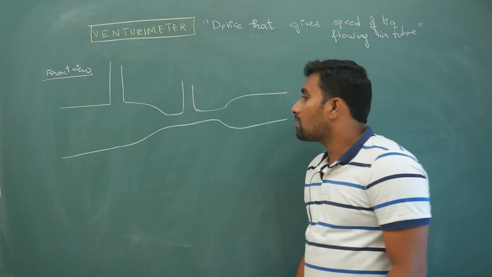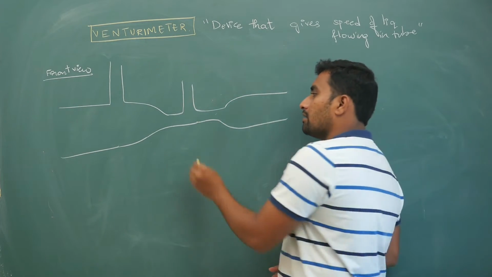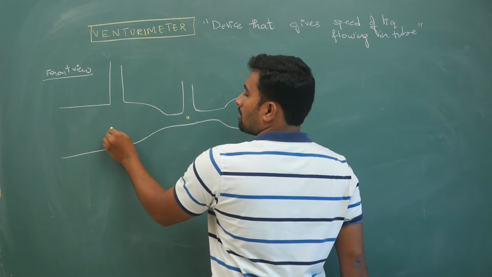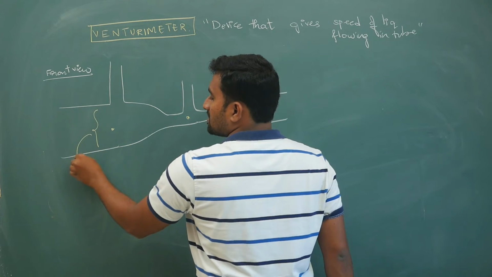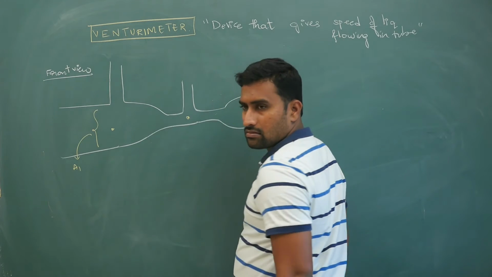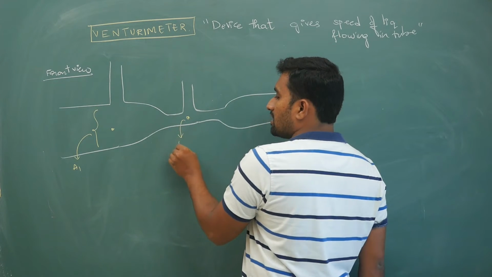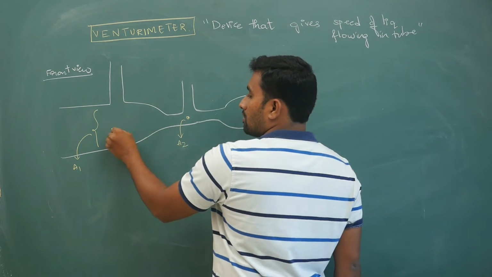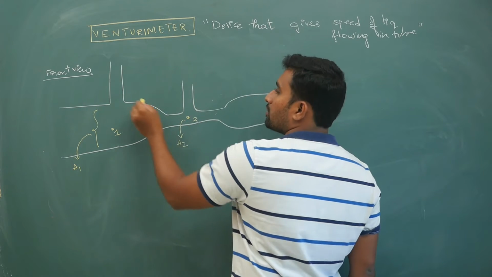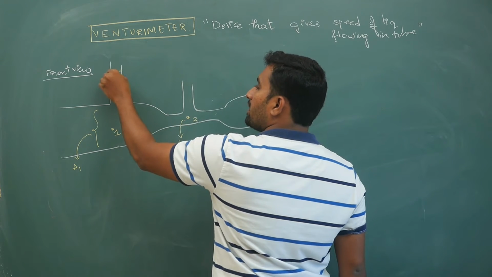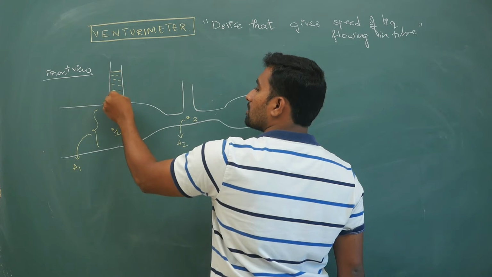Now I will take 2 points here. The area of cross section here is A1, and the area of cross section here is A2. This is point 1, point 2. There is fluid flowing in this pipe.